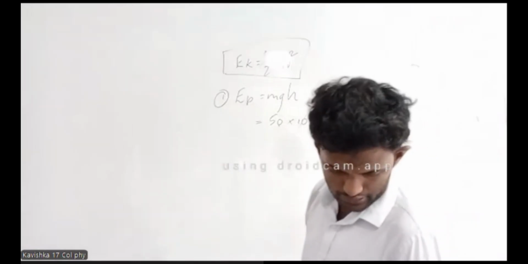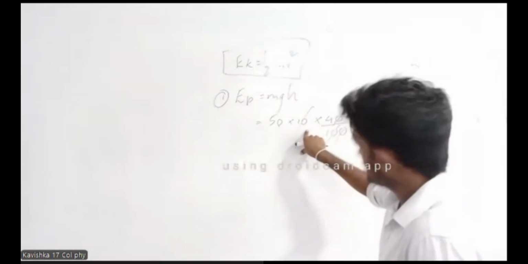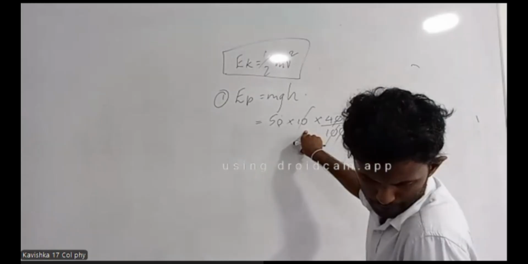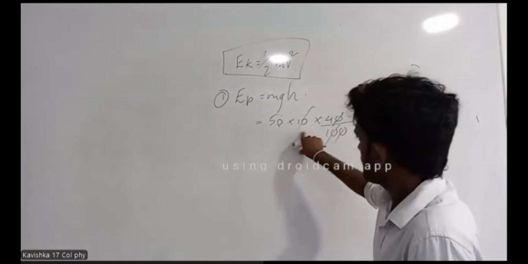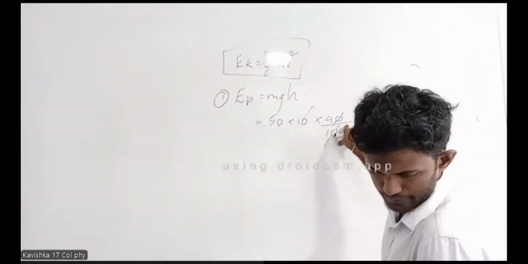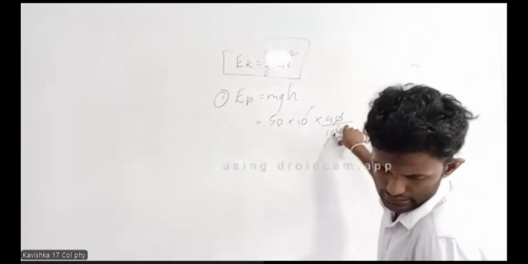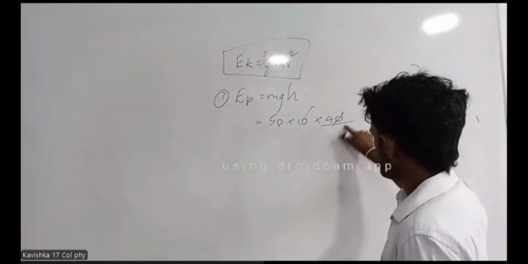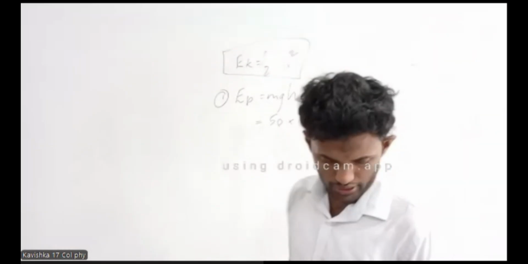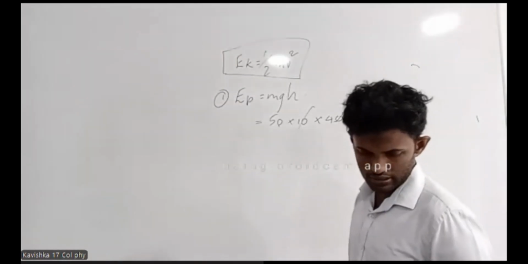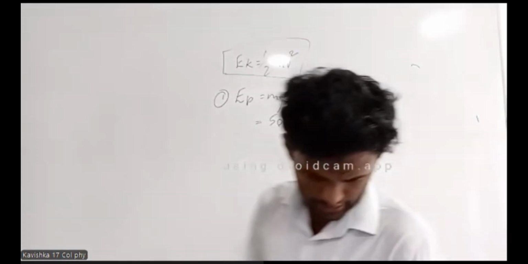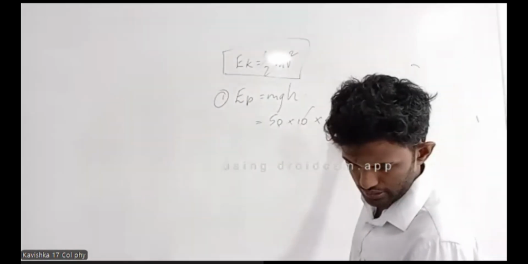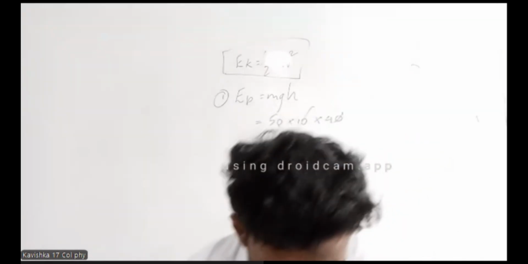No answer like that. 50 into 10 into 40. So, mistake, it should be 40 meters. Sorry, that's 40 meters. I think I'll give you marks for the third answer. 15 to 10 into 4. Wait, I'll check.